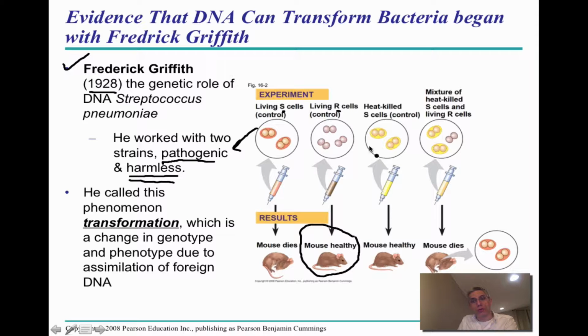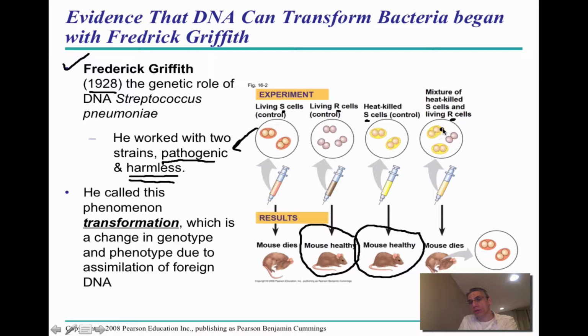For the third group, he heat-killed the S cells. Remember, the S cells are the pathogenic, deadly cells. He hypothesized that after he injected the mice with those cells, the mice would probably survive, which they actually did. For the fourth group, he mixed the heat-killed S cells and the R cells.